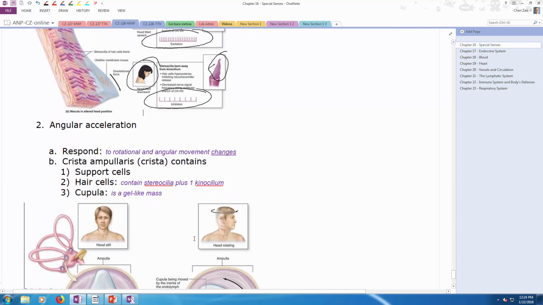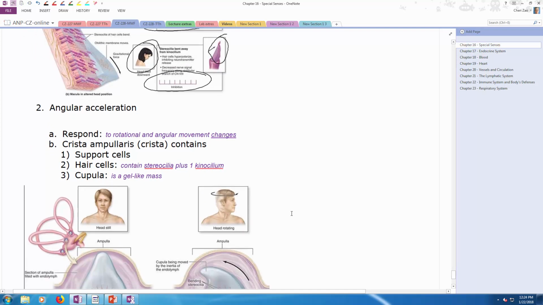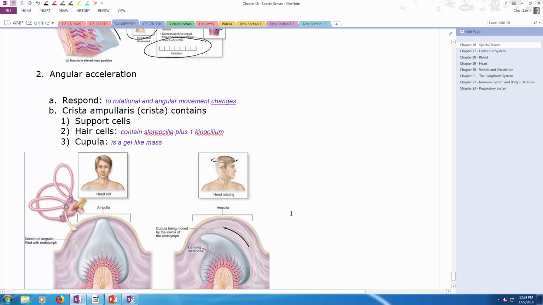And that's where we are going into now, is angular acceleration. And that's where, indeed, it is the crista ampullaris that is the receptor. Now, these receptors are found in the ampulla of the semicircular canals.